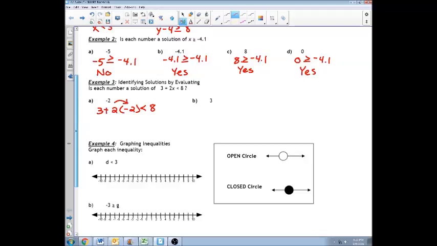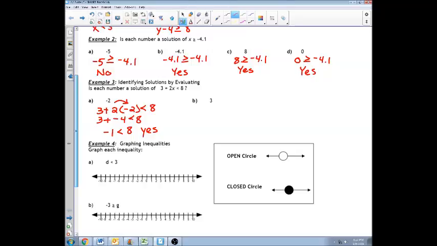Well, I need to distribute my 2 to my negative 2, so it'd be 3 plus negative 4 is less than 8. Well, 3 minus 4 would be negative 1. Is negative 1 less than 8? Yes, it is. So negative 2 would be a solution to our inequality.